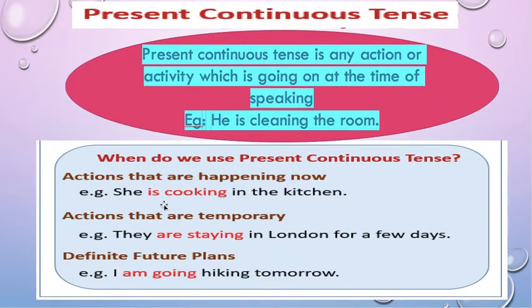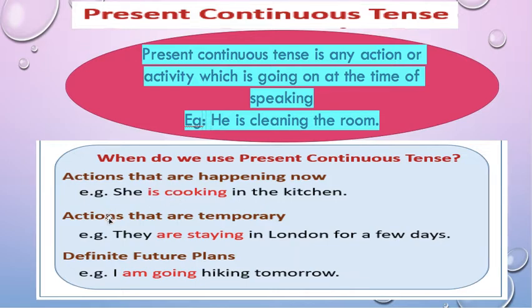Here, is cooking: is is the be form of the verb, the helping verb, and cook is the base form of the verb, and we are adding ing to it. So always we will be adding a helping verb as well as ing to the base verb in order to form a simple present continuous tense sentence.